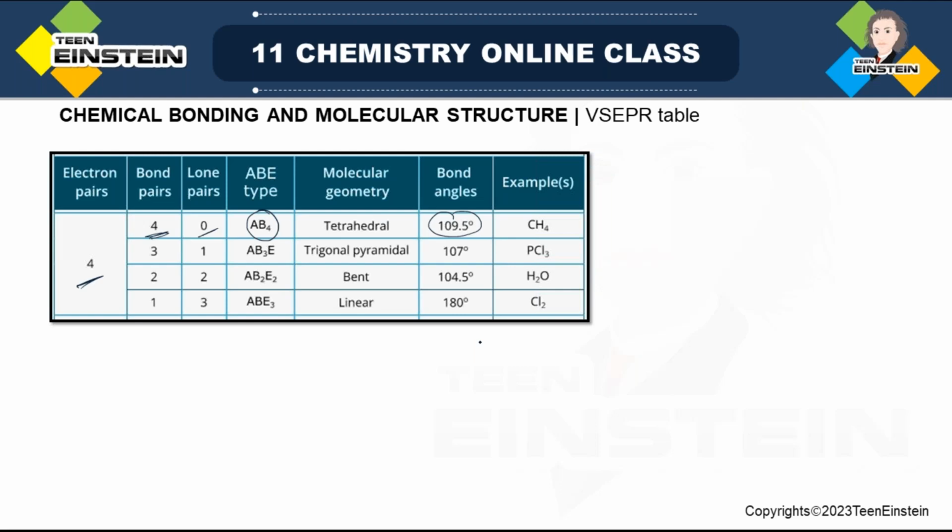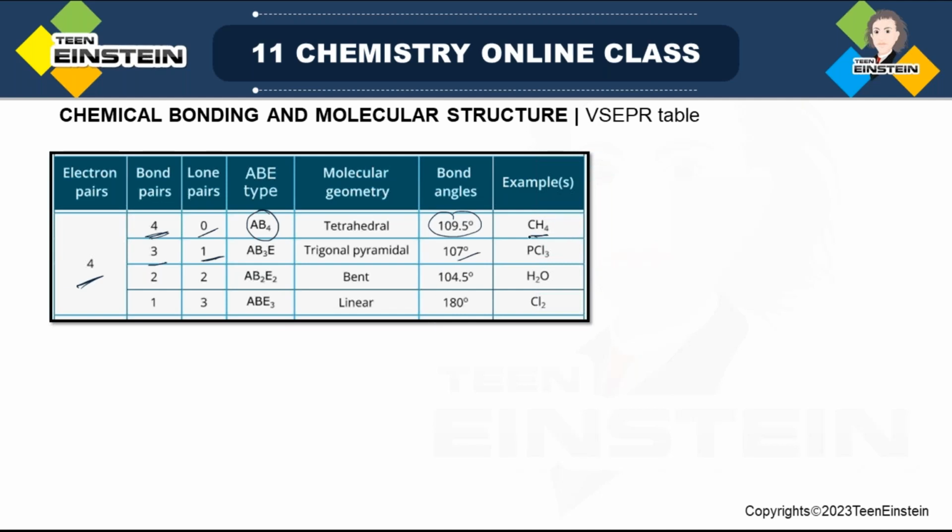Now the next possibility is if one of the bond pairs is now less, and that is now a lone pair. The formula will change from AB4 to AB3E, and it is no longer tetrahedral. That is, if you omit the lone pair, it is no longer tetrahedral. Now it is trigonal pyramidal. The angle has changed.